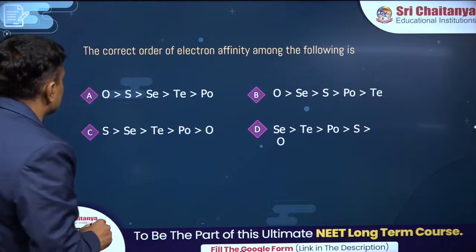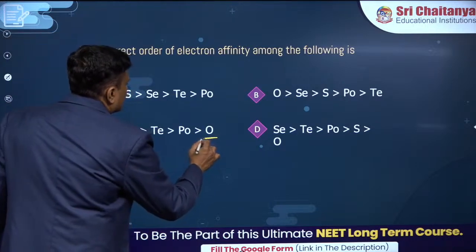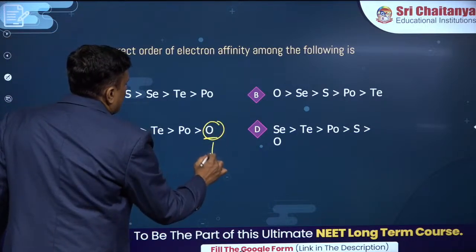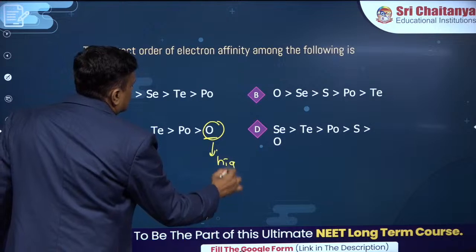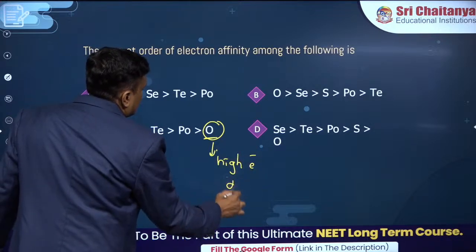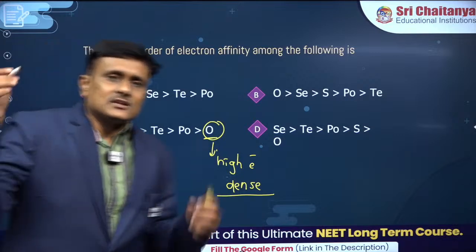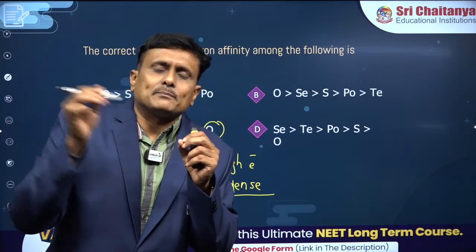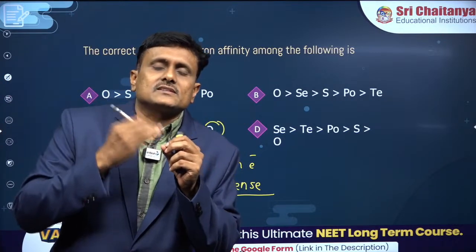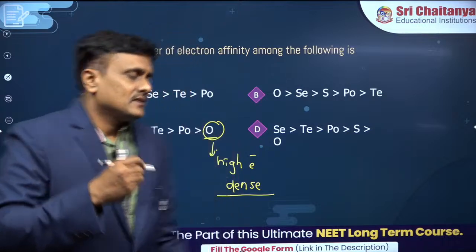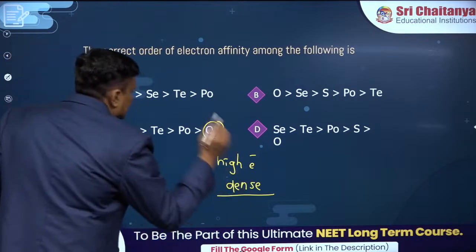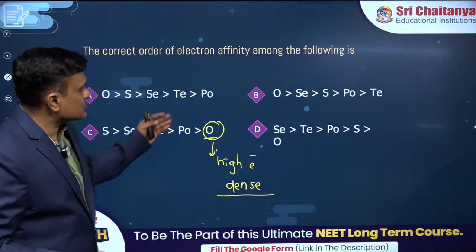Because of the excess of electrons present on oxygen, it is highly electron dense. Because oxygen is highly electron dense, the incoming electron will face a lot of repulsion from the existing electrons, because of which it goes to the last position.